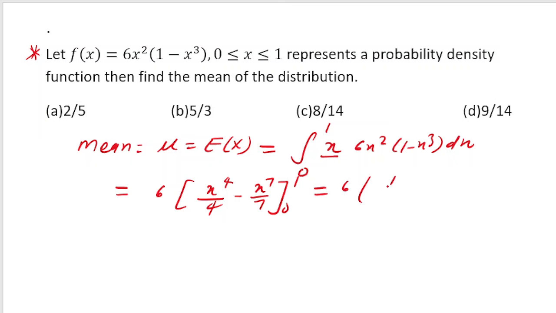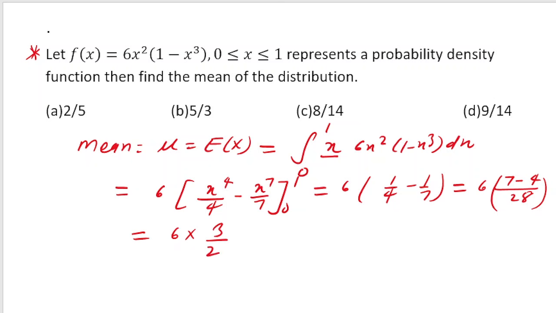So 6 into 1 by 4 minus 1 by 7, so that is 6 into, 28 is the LCM. 7 minus how much? 4. So we get 6 into 3 by 28. So from 2 it will become 14, and I think did I make some mistake?